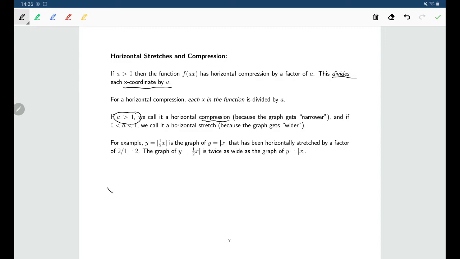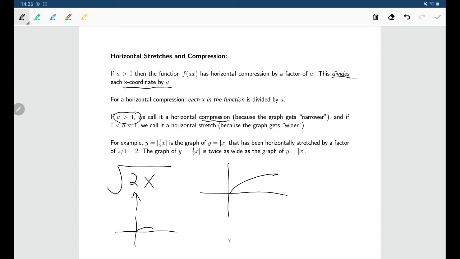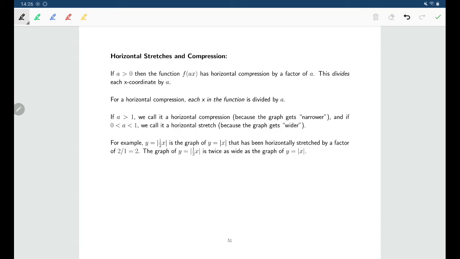So for example, something like y equals square root of 2x, that would be 2 times narrower. Whatever the original graph might look like, y equals root of 2x would be 2 times narrower. If you're looking at a value between 0 and 1, this would do the opposite.